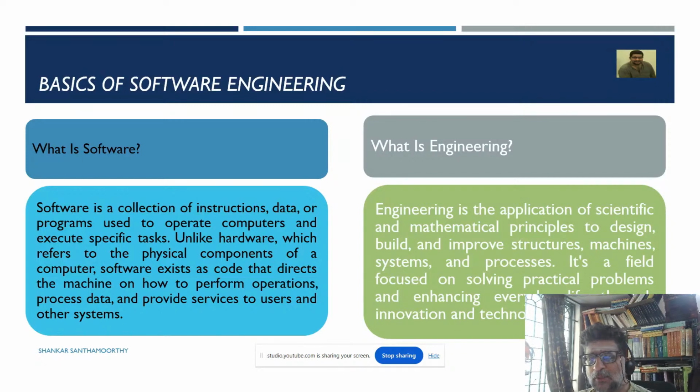So the basics first. Software engineering: what it is, and why it comes under engineering, is what we need to understand first. Software, as the formal definition goes, is a set of instructions that helps the hardware computer process and execute for defined goals. It is something through which we operate the hardware. And why does this come under engineering?